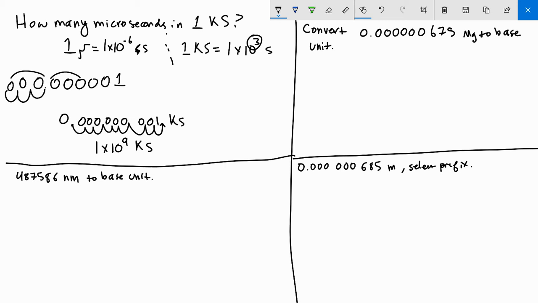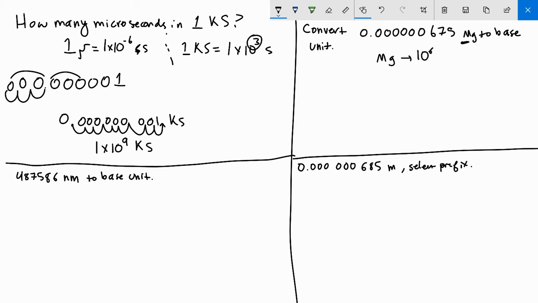Convert this value in milligrams to the base unit. So, sorry, not milligrams. That's megagrams. You see how it's a capital M? Mega. So mega is megagrams. That's the equivalent of 10 to the 6th power.